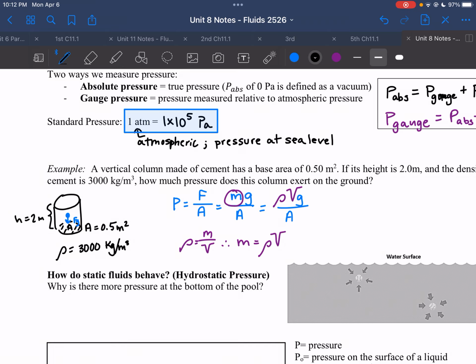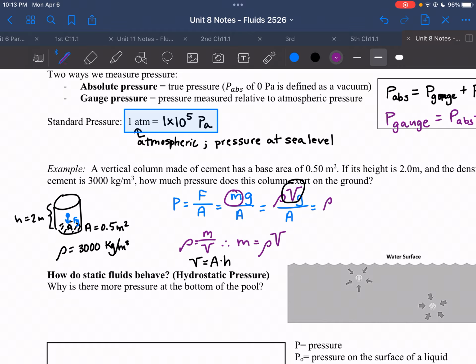Next thing we want to do is look at the volume. The volume for any sort of prism is going to be the area of the base times the height. And so if we rewrite our V here, we know that the volume, capital V, is going to be the area of the base times the height.